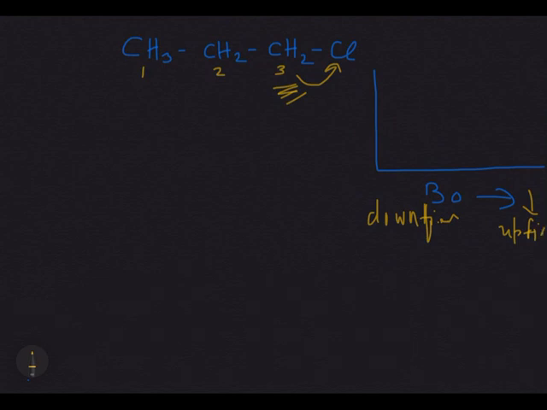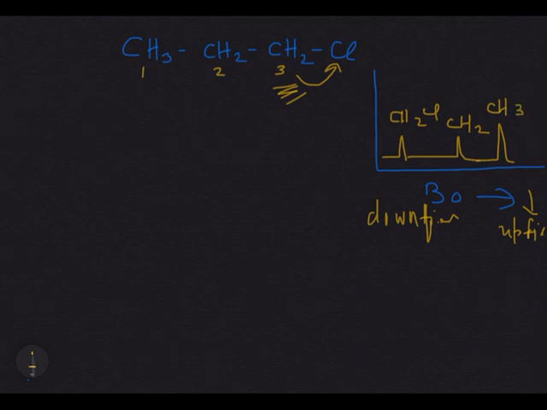So CH2Cl gives a signal at a lower magnetic field. Then we get the peak for the second CH2, and finally we have the peak for CH3. This is the NMR spectrum of the compound.